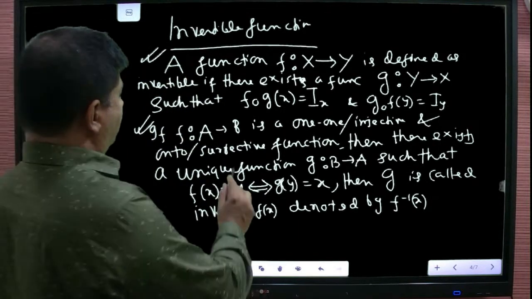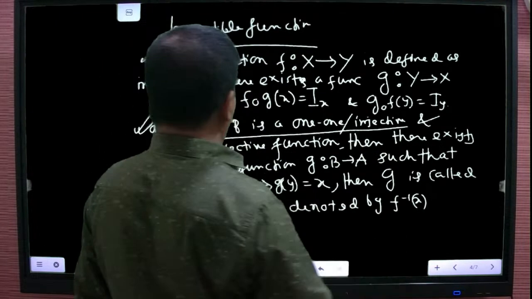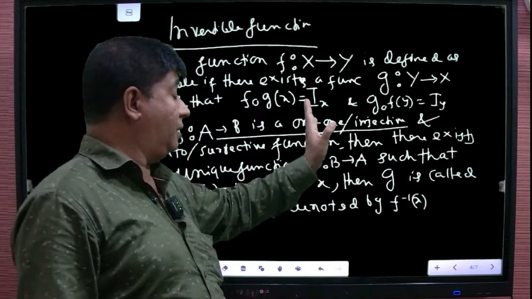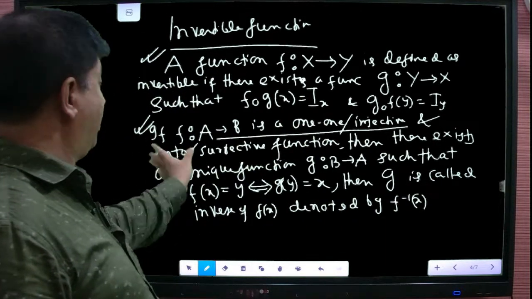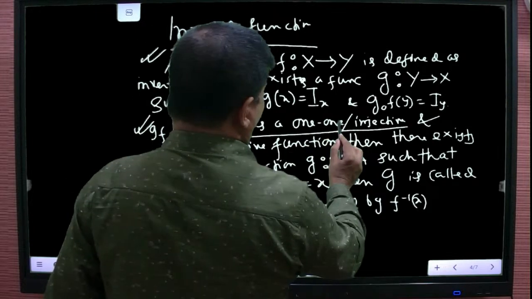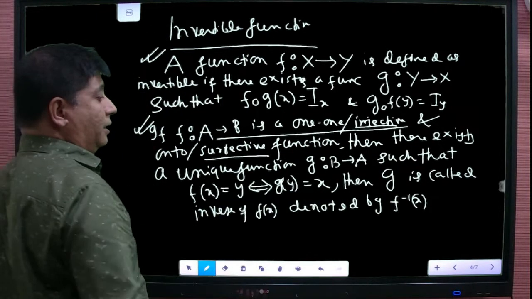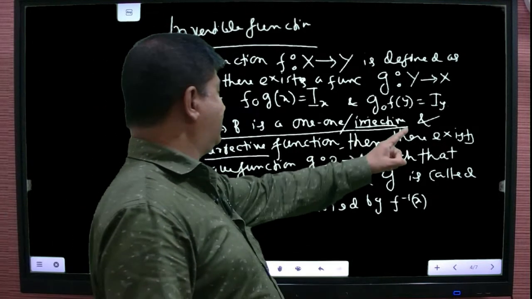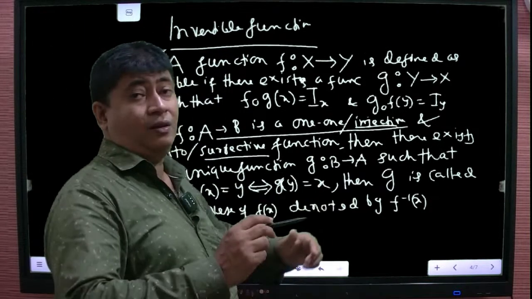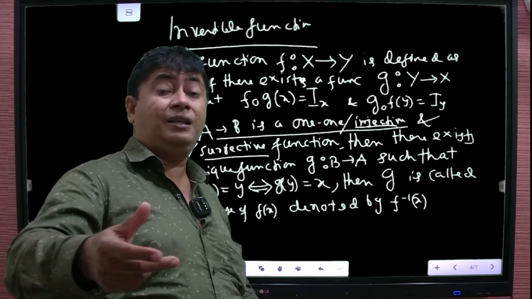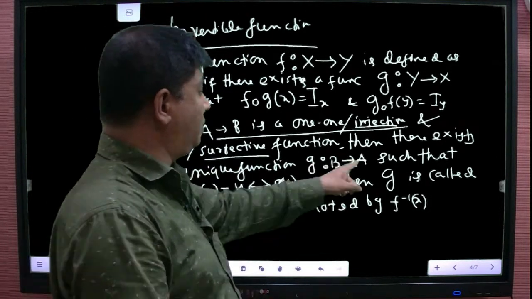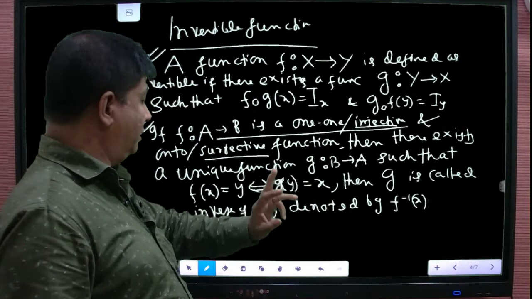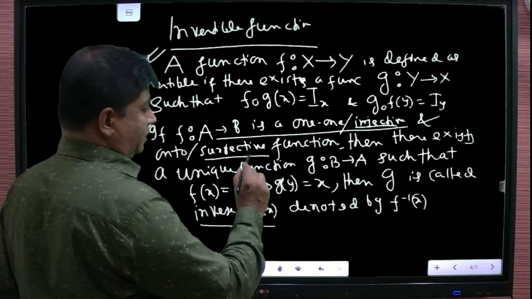But from this definition, you can observe that if a function is one-one (injective) and onto (surjective) both, then it must be invertible. Why? Because then there exists a unique function g which finds the preimage in the domain. Understand? B to A, such that f(x) is equal to y implies g(y) is equal to x. Then g is called the inverse of f.